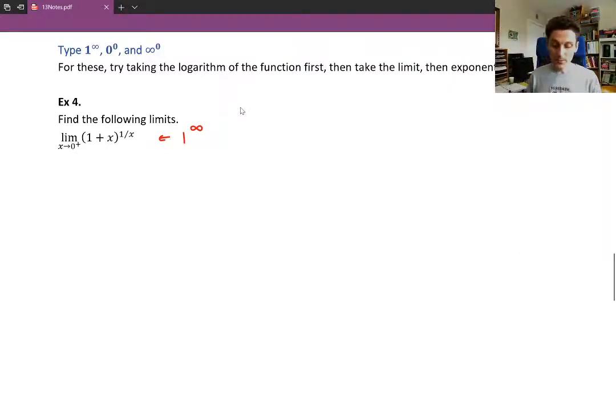So our first step is going to be, instead of finding the limit as x approaches 0 of this function, we're going to find the limit as x approaches 0 of the natural log of that function. Let's write that out.